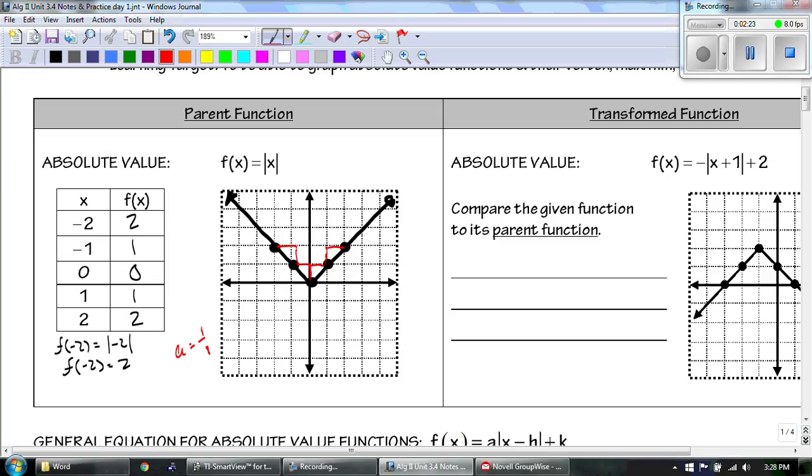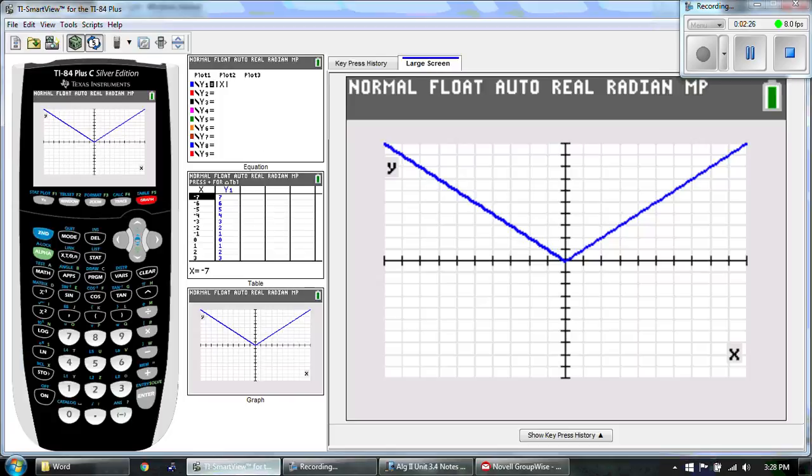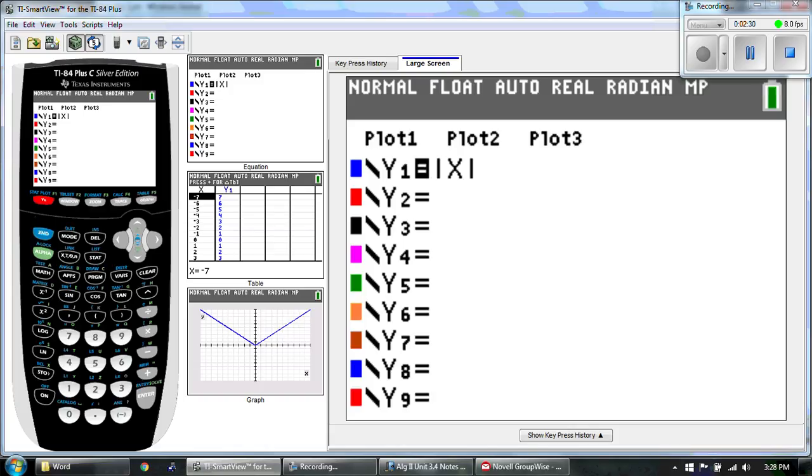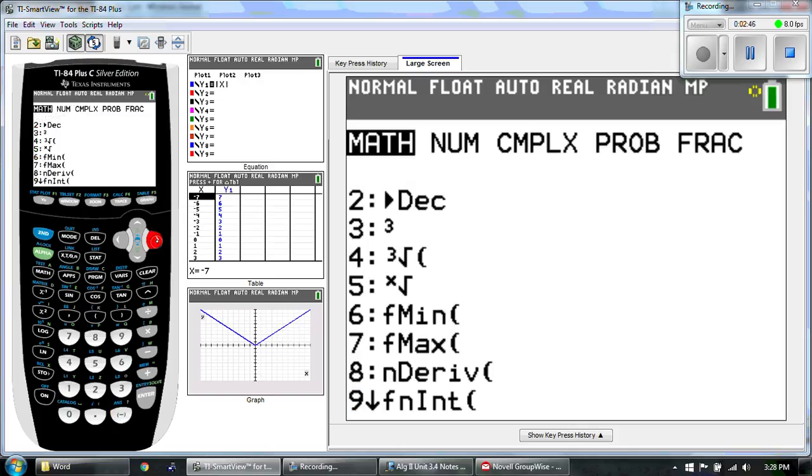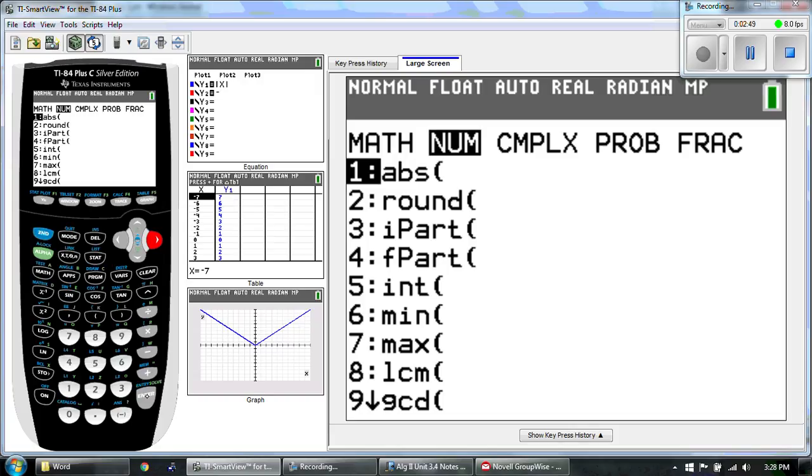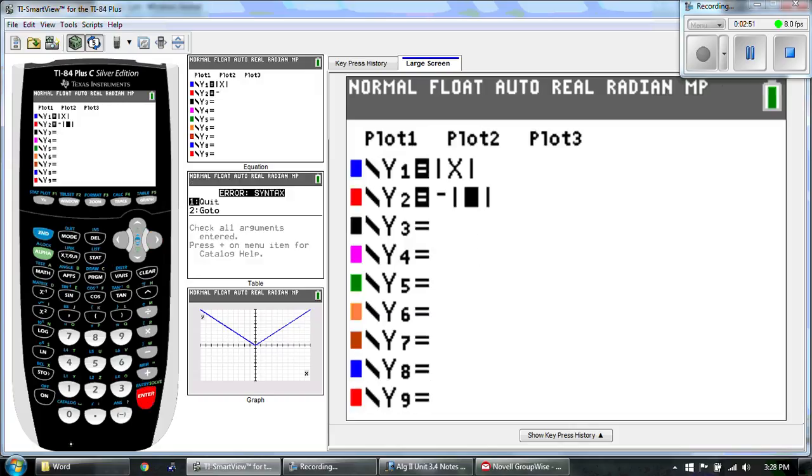Now, there's also a way to graph it on your calculator. We go to y equals, there's a way to find absolute value, and so there it is. Now, what I want you to notice is our next one. The first thing to notice is, yes, there is a negative out front. I'm going to go to math, number, hit absolute value.